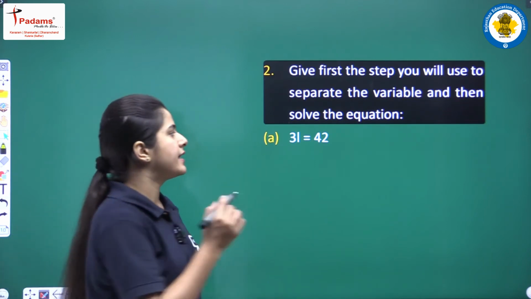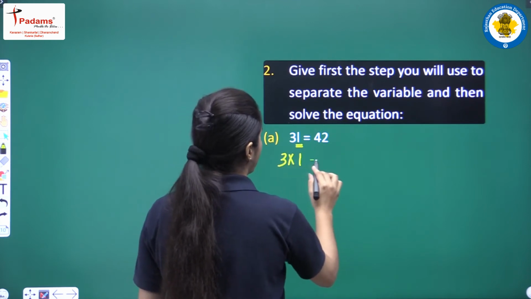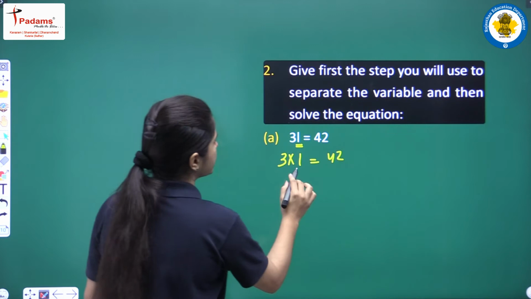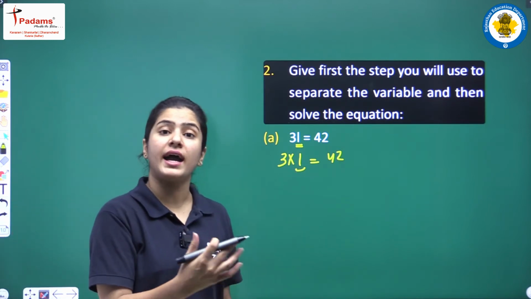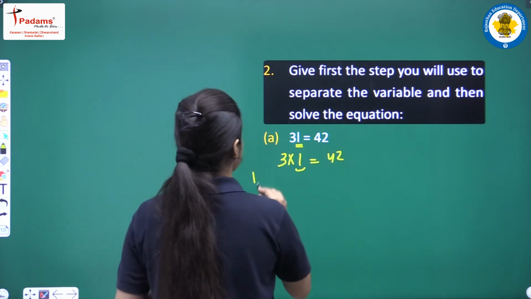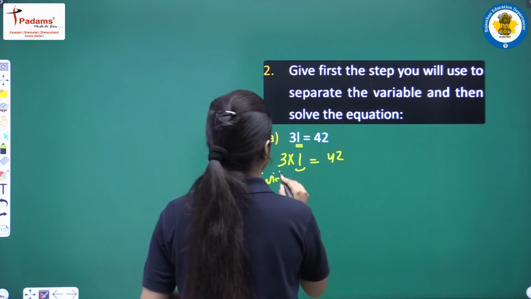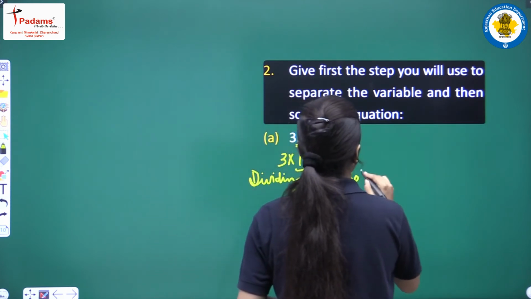Clearly students, this is in multiplication with 3. So if this is in the multiplication of 3, then we will divide by the same number on both sides. So, dividing 3 on both sides.